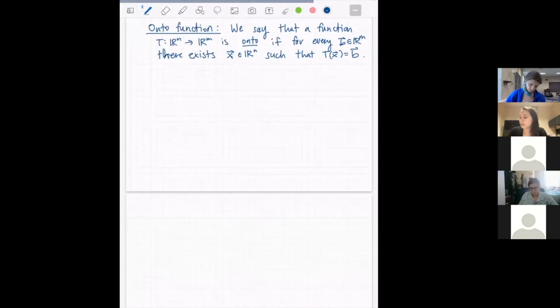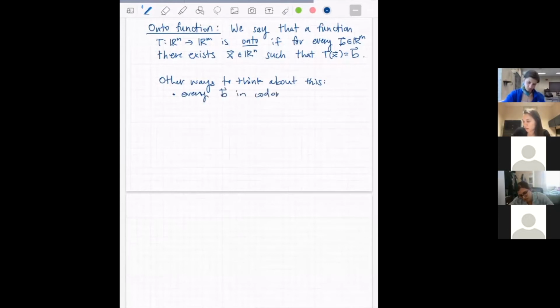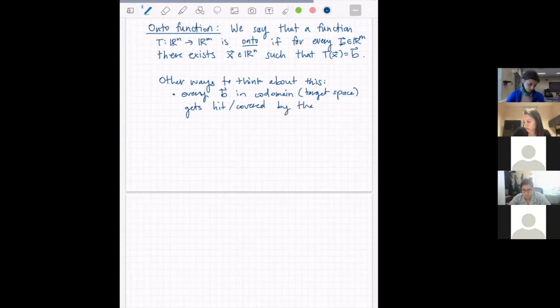Some other ways to think about this. We can think this means that every vector b in the codomain, or target space, gets hit by the function, or covered by the function, right?